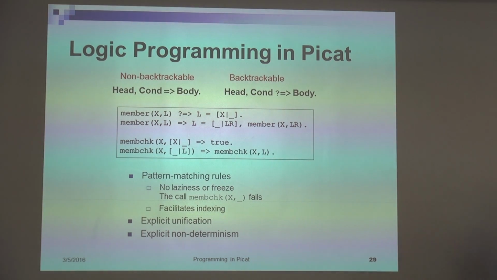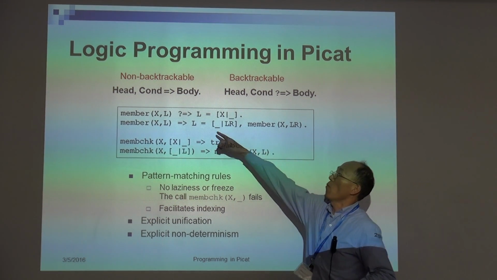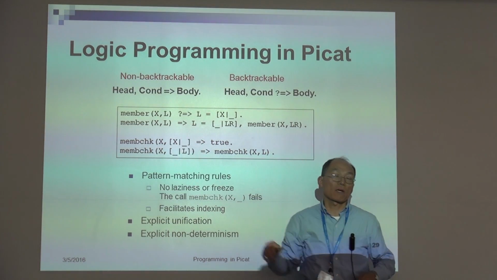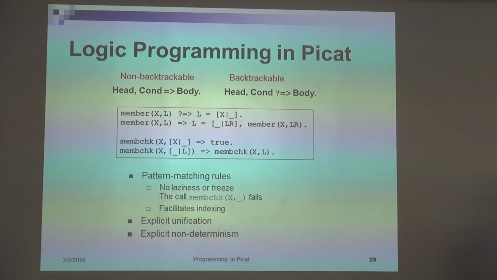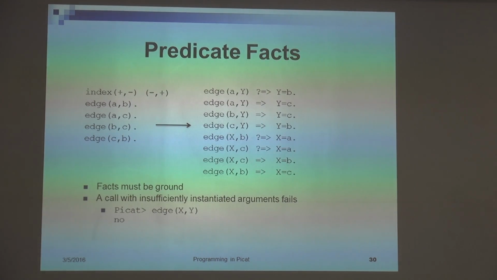And also non-determinism. This one is backtrackable, so that's why this predicate becomes non-deterministic. It can return multiple answers. In some cases you have a large number of facts, and it's tedious to write all these facts as pattern matching rules.